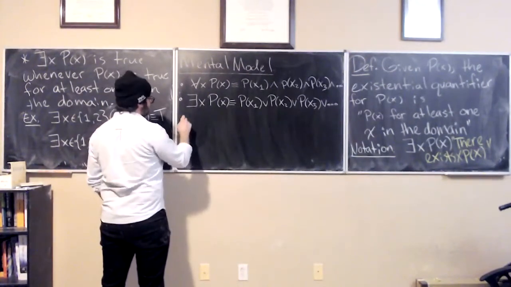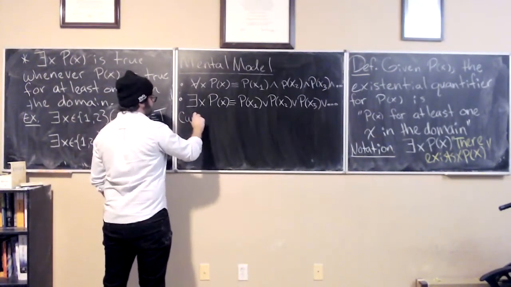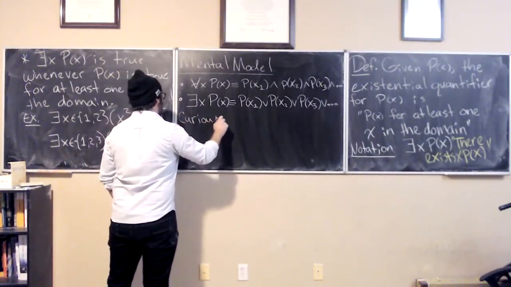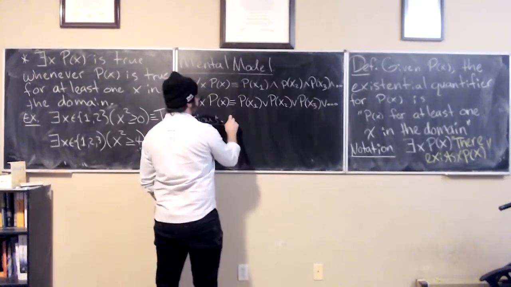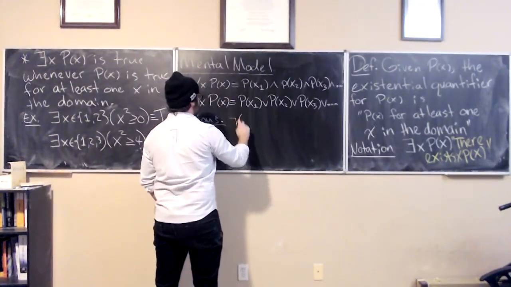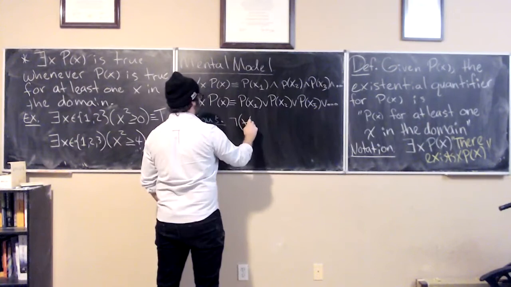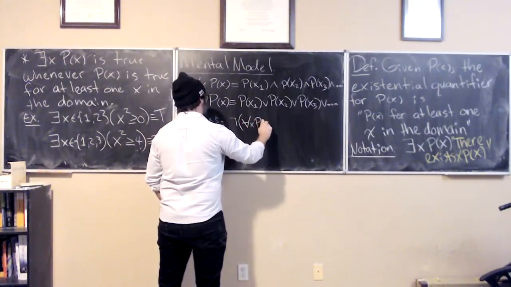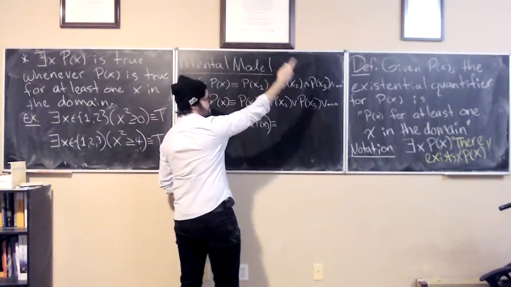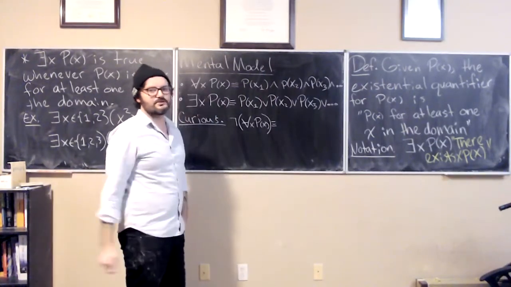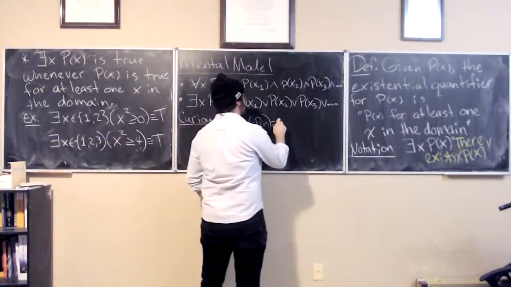So, maybe we're just curious. If we negate the universal quantifier, that's the same thing as negating that long list of conjunctions over the domain.